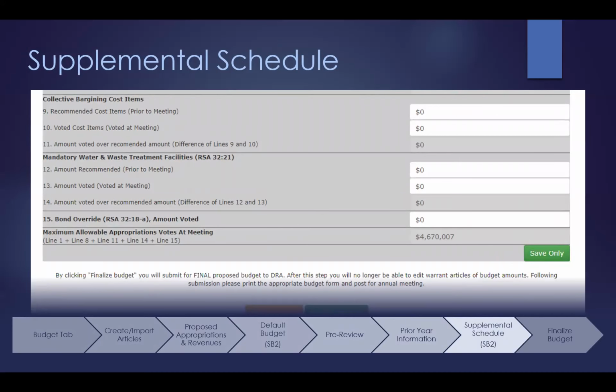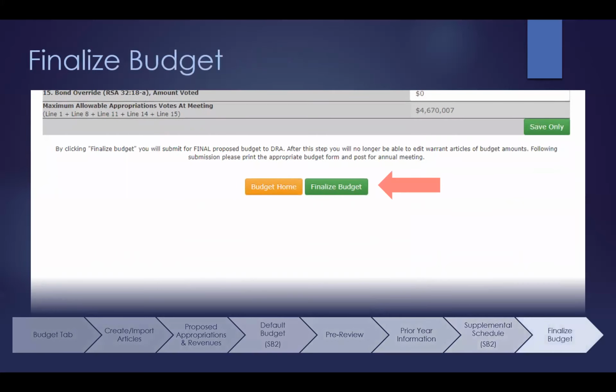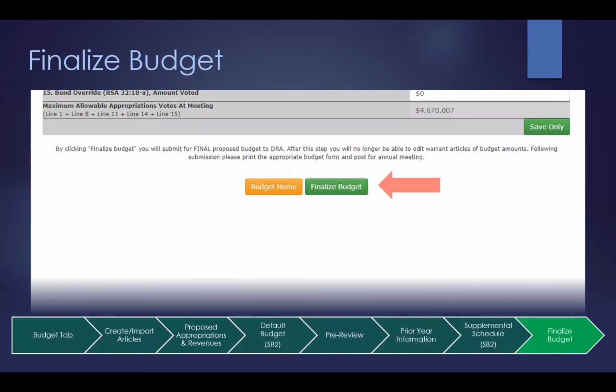You'll fill that out, and then if you're not an SB2, you wouldn't see it at all, and all you have is the Finalize Budget button. So clicking that completes the entire process. That submits your 636 or 737, 26 or 27, whatever type of entity you are. And at that point, you're pretty much done.